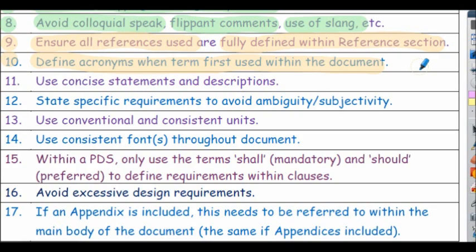And for larger documents, you may even include a list of acronyms towards the beginning of the report or product design specification. Item 11, write concisely, so use concise statements in the description throughout.